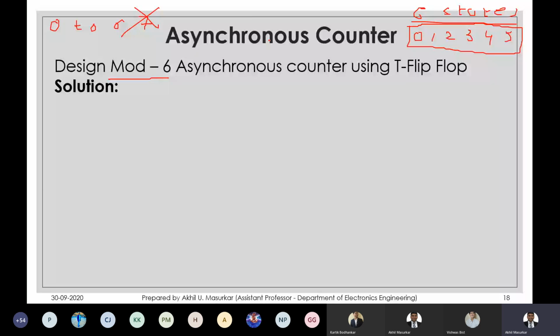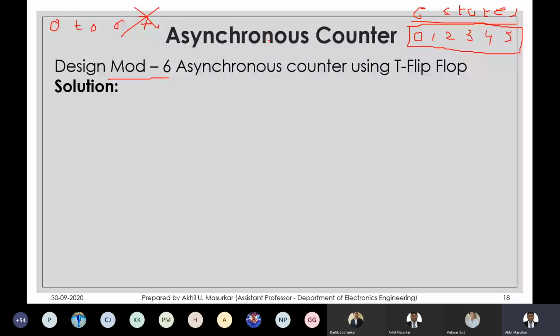If I say that my counter is a mod 13 counter, it should count from which to which state? Put your answers in the chat box. So you will get such questions in the IA, right?